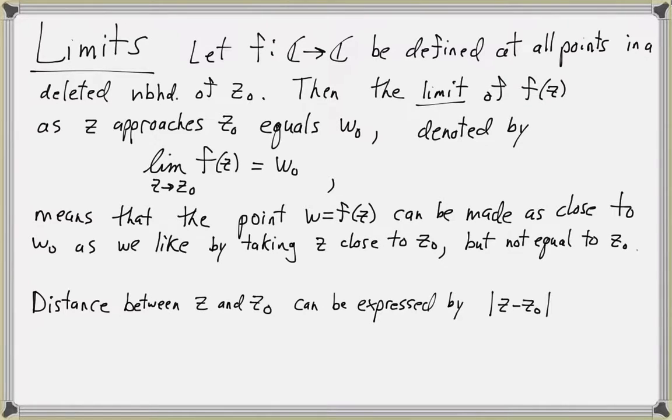So we can give a more precise definition of limits using these distances. We're saying that z getting closer and closer to z0 implies that f of z is getting closer and closer to w0. This enables us to give a precise definition of limits.